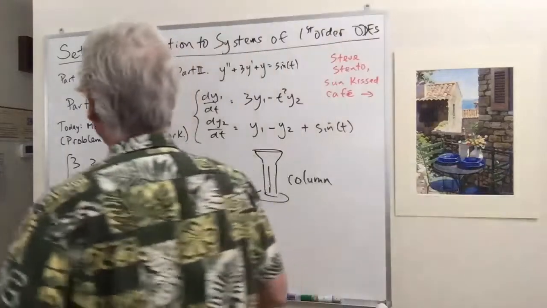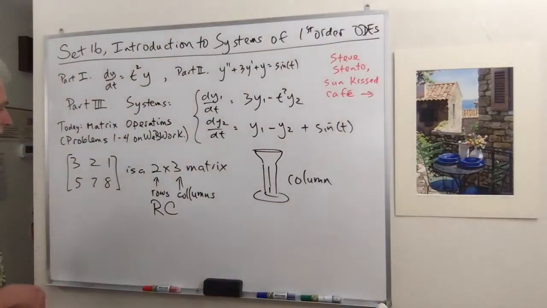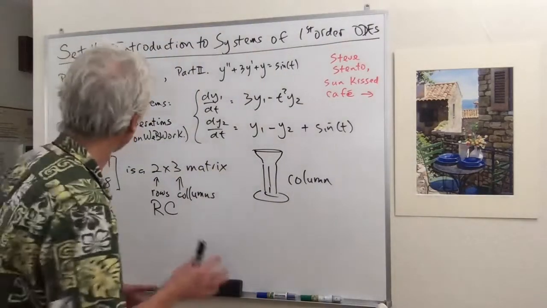Okay. So this is the 2 by 3 matrix. Okay. So what are the operations?